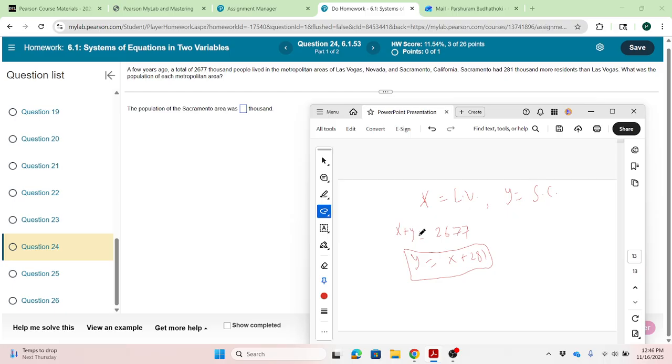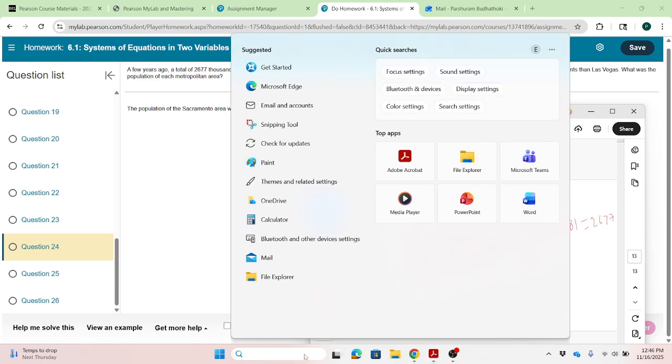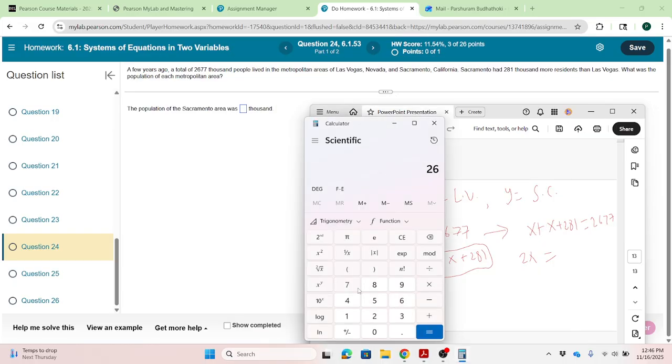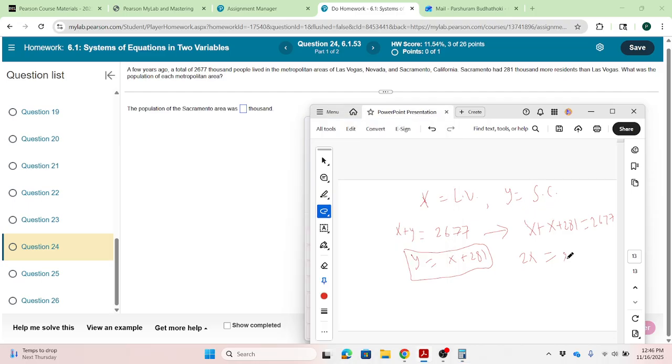We can go back to equation 1 and put Y equal to this value. So I'm going to replace Y by X plus 281, equal to 2677, and then X plus X is 2X. Subtract 281 from 2677, and that is 2396,000.